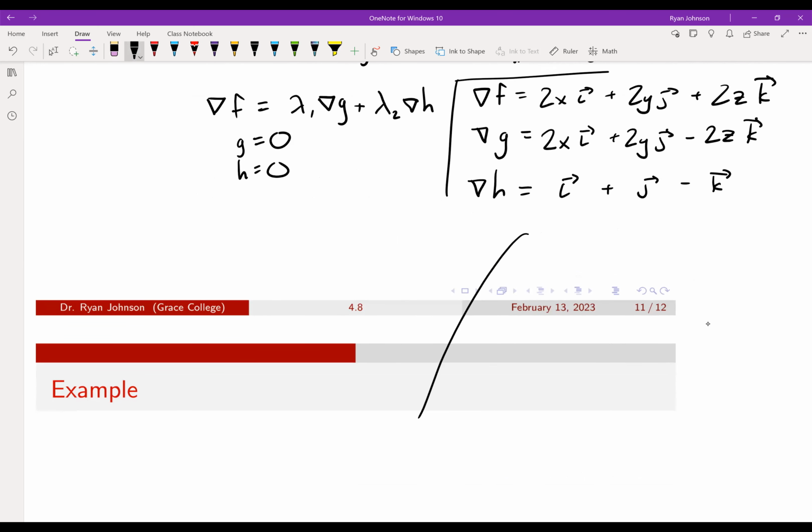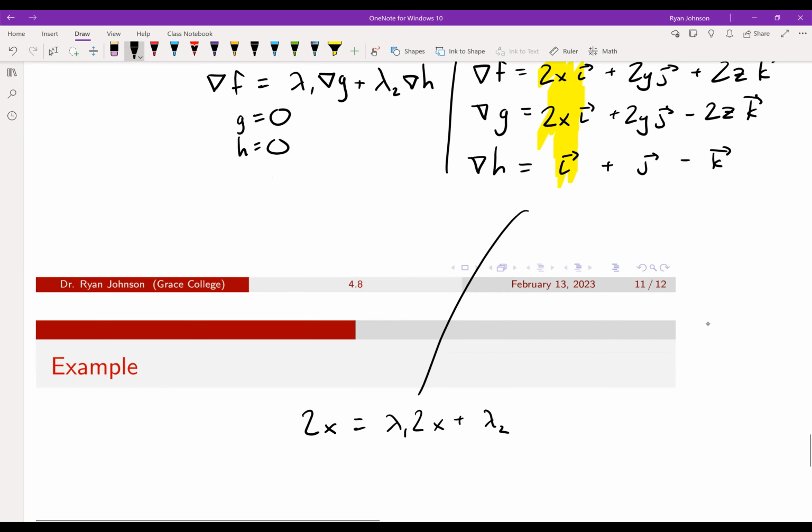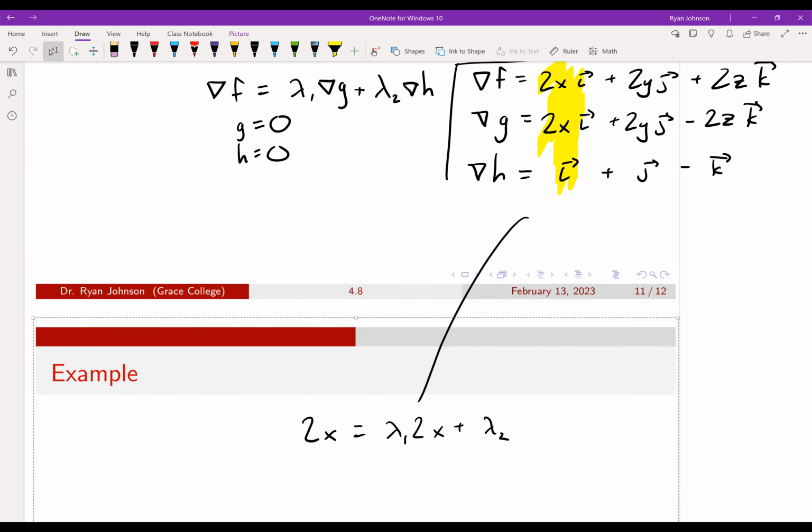So, well, several equations. So first, the equation with respect to the i's. So with respect to the i's, will give us 2x from f equals lambda 1 times 2x from the g plus lambda 2 times 1. And then similarly, we will do the j's.